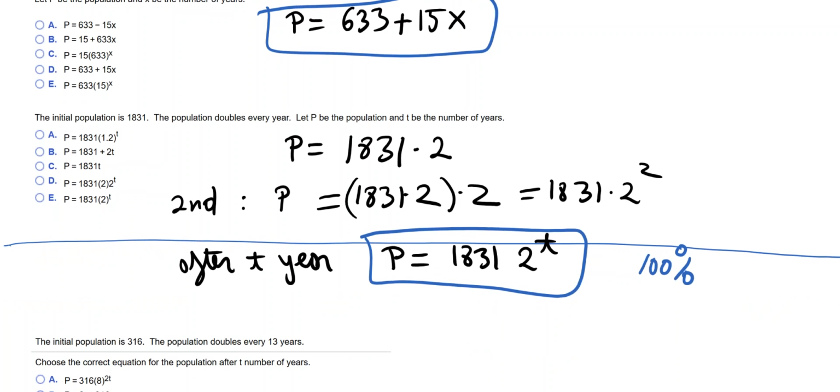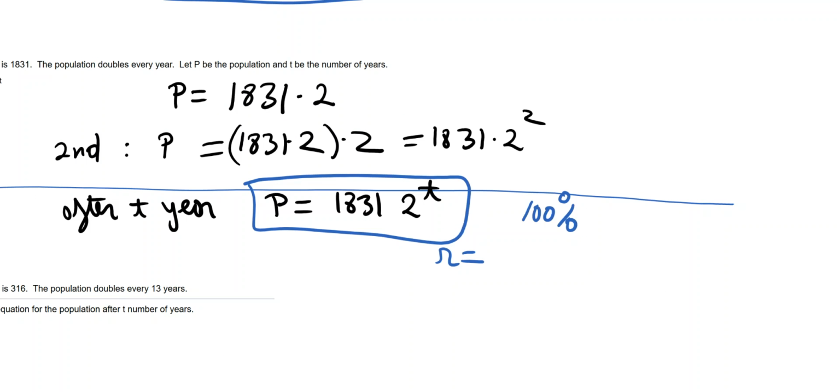Okay, so if you remember, if I wanted to get the rate, it's what we just said earlier. The rate is the growth factor minus 1. So the rate for this case will be 2 minus 1, which gives you 1. And this is like an integer, right? And as a percentage, 1 means 100%.